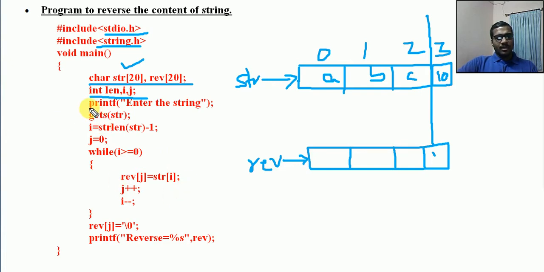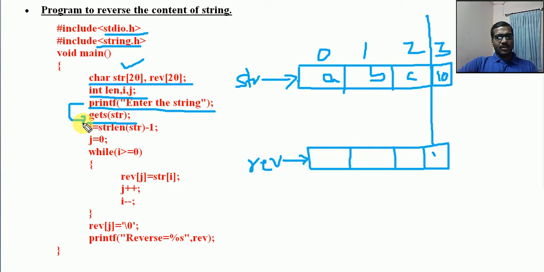Now printf: enter the string, and gets of str. These 2 points are clear. Once again, if it was an integer array, we would need to enter the numbers. After reading the size, I need to enter the elements within the for loop.